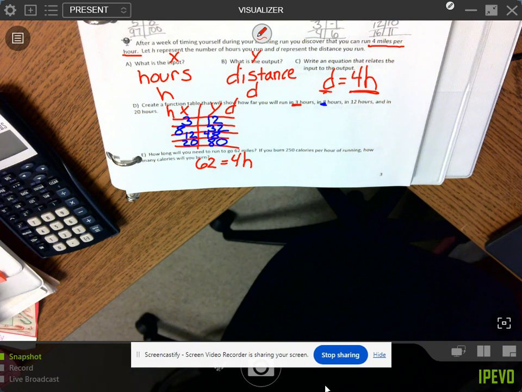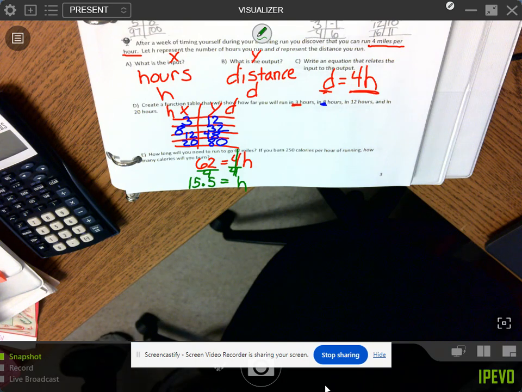I want to do my one-step equation to get my h by itself. So I have to divide both sides by 4, because I want to get that h by itself. 4 divided by 4 is my 1. 62 divided by 4 is 15 and a half. So I need to run for 15 and a half hours to go 62 miles.